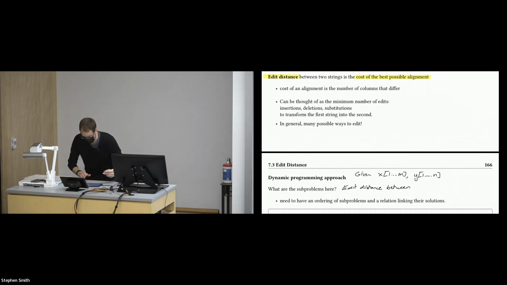Then my subproblem is going to be the edit distance between a chunk of x up to i and a chunk of y up to j. So i is less than or equal to m, j is less than or equal to n.